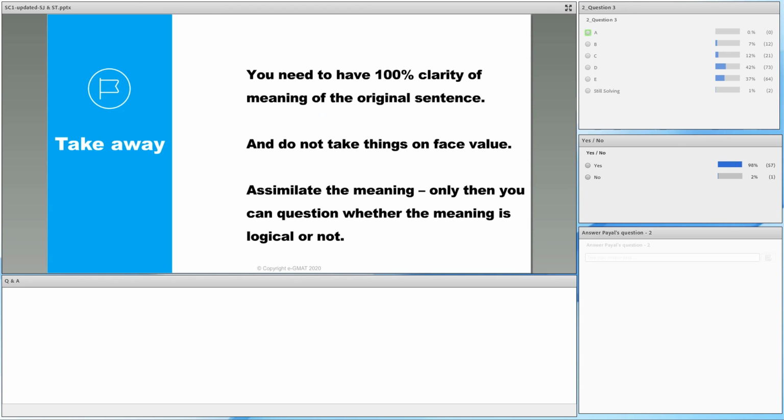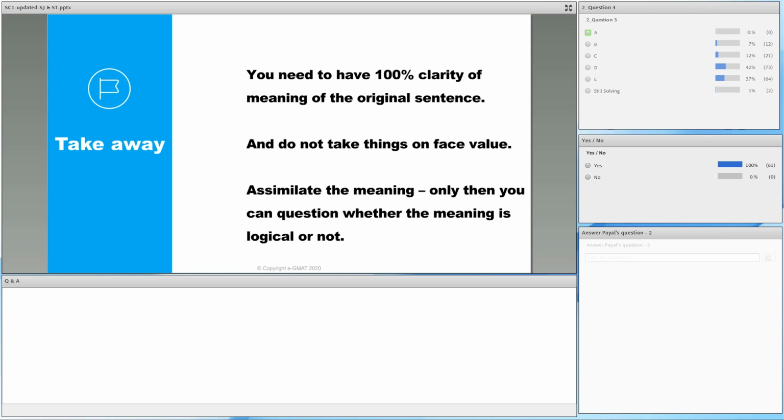Good. Okay. So let's quickly take a look at the takeaway, again something that we have been repeating over and over again. Pay attention to the meaning. We faced a question right now in which the original sentence did not present the logical meaning.